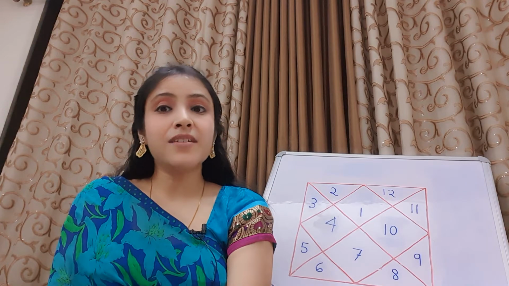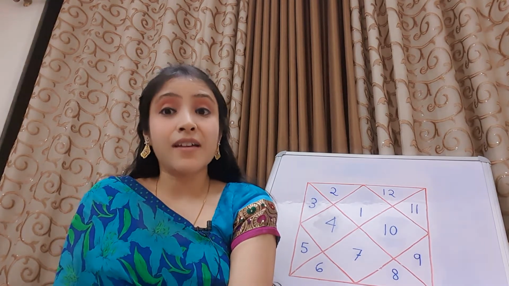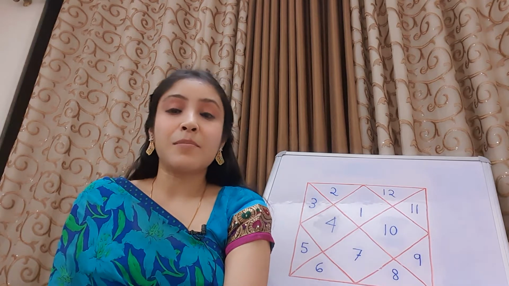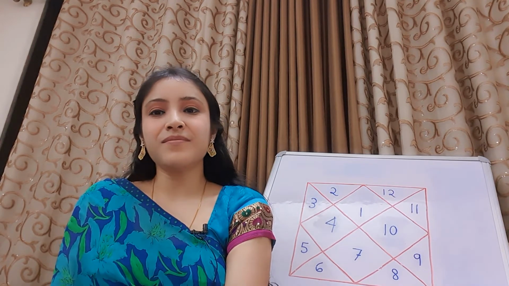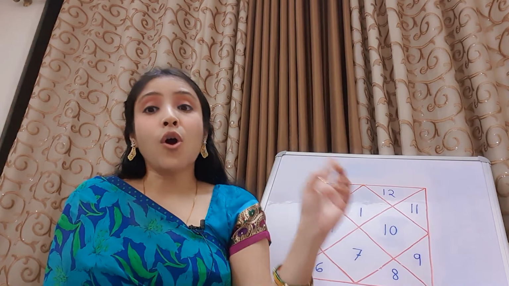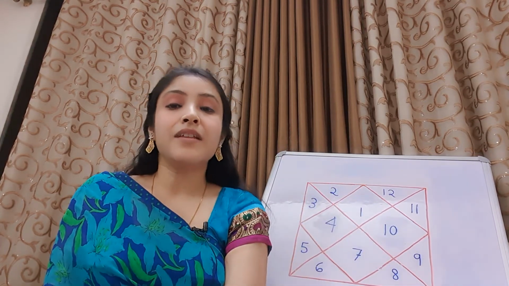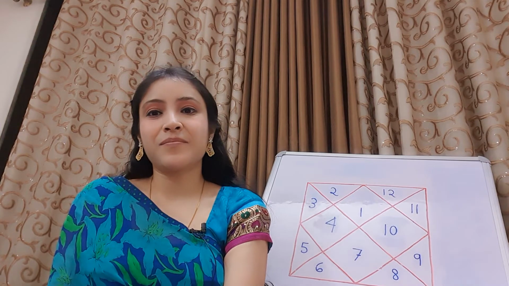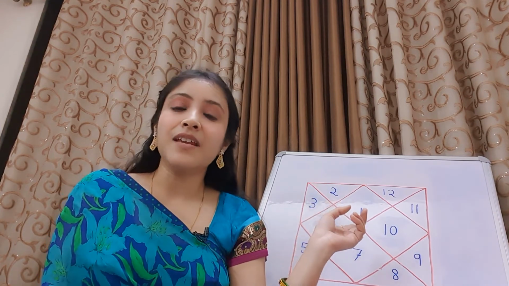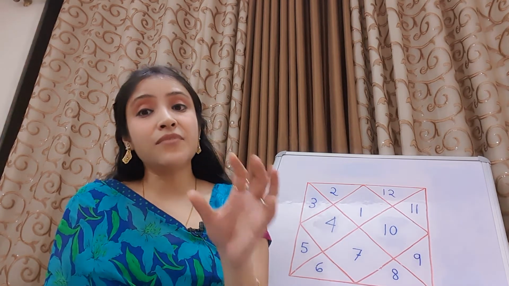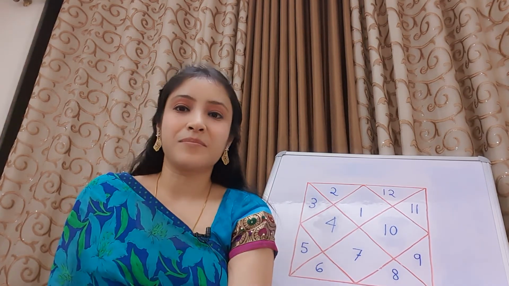The significator or the Karaka of the first house is Sun, the planet Sun. And the Lord of the first house in the Kalpurush Kundli is Mars, because Aries is a sign which is ruled by the planet Mars. But the significator of the first house is Sun.